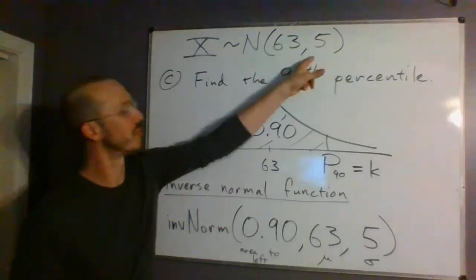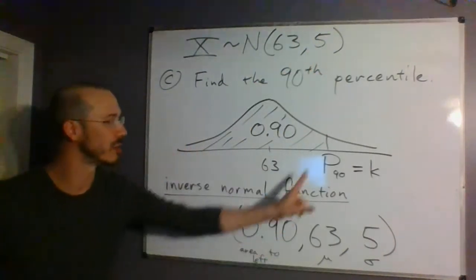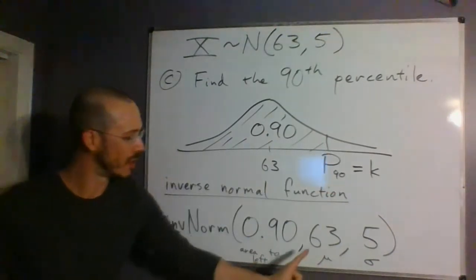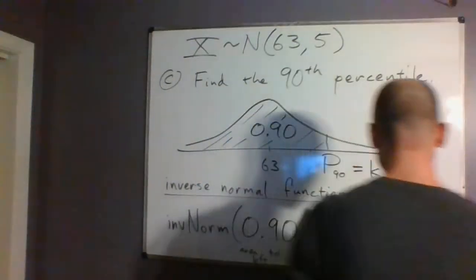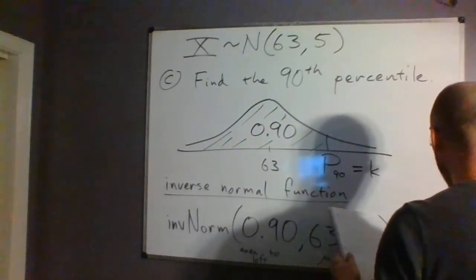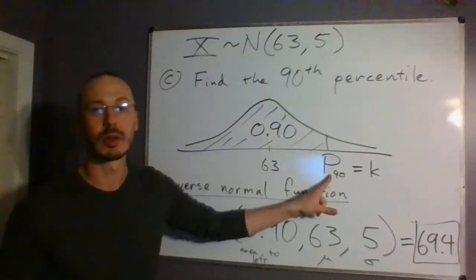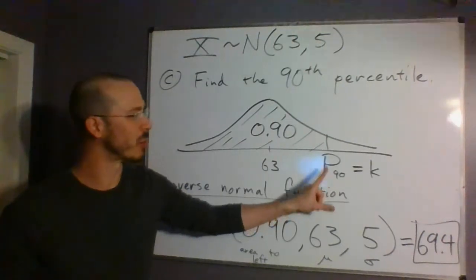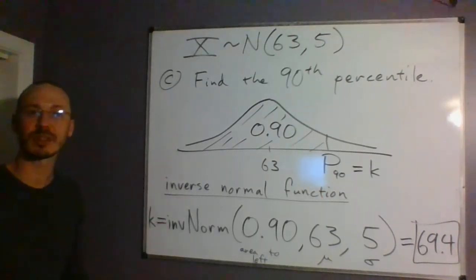I'm going to label those two. You can see where they come from, but the first is the area to the left of the value. The mean and the standard deviation follow, and what this is going to give me is, in this case, 69.4. And that's it. That's a test score. I don't want to write it here, but this is the K that we just found.